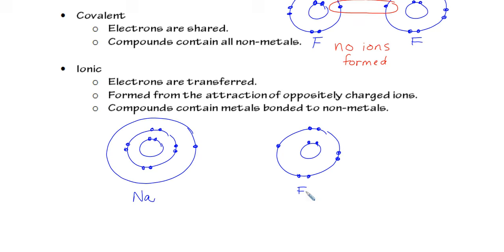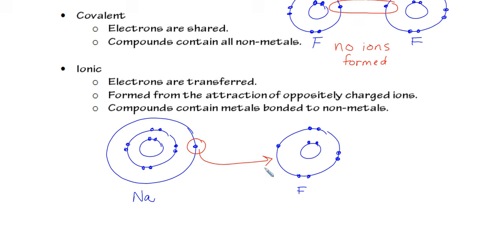But it doesn't do a whole lot for sodium. If sodium's sharing, he goes from 1 to 2, but he's really looking for a full shell of 8. So here's a situation where the transfer is a better option. Since sodium only has 1 valence electron, ooh, I dropped another vocab term, valence electron being the electron in the outer shell, let's just get rid of it. Let's just give it to the fluorine.